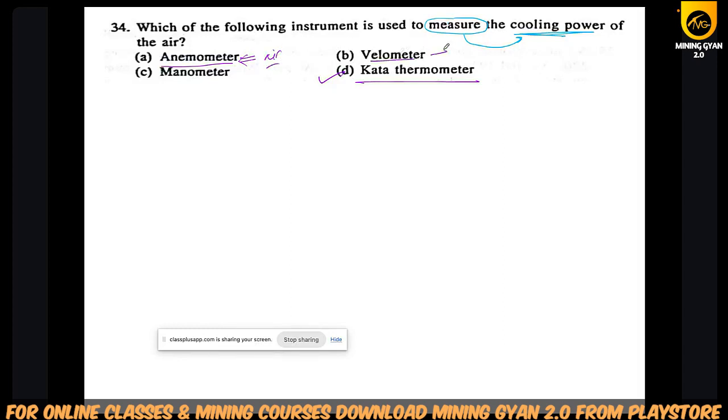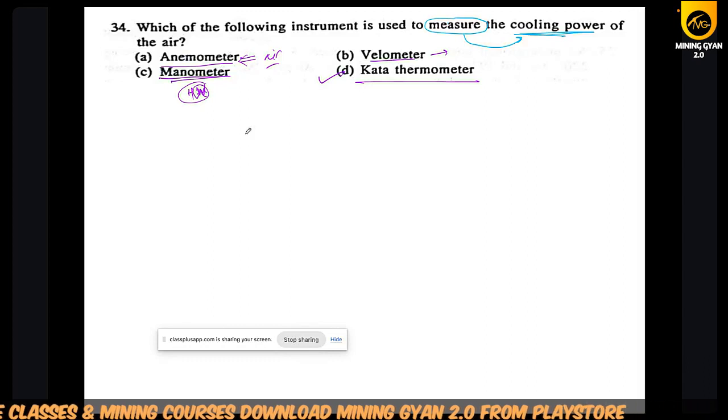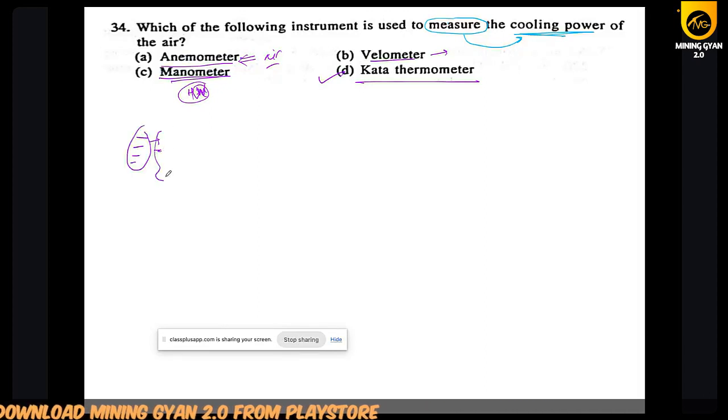What is the velometer? It measures velocity. This is homework: go and search what a manometer is, and give it a few minutes. If you put this in your short notes, whenever you revise you will revise properly. It will boost your knowledge, and from one question you can get information of four questions.